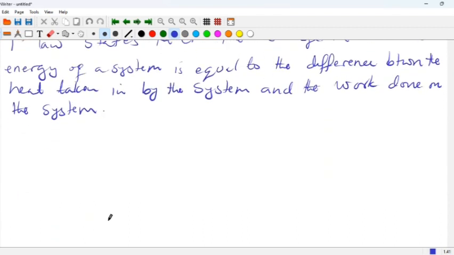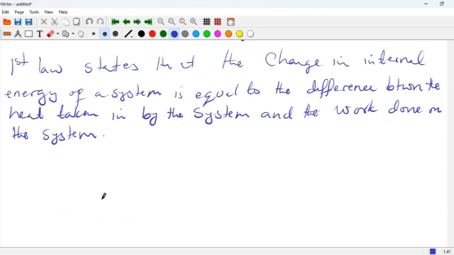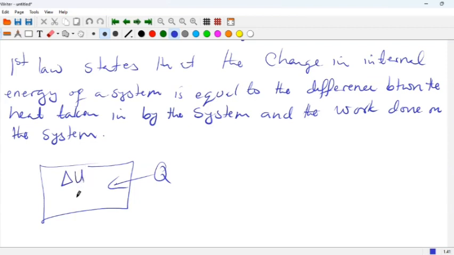So if you want to understand this by some diagram, you have a system. Let this system take in some heat. When heat is taken in by the system, the internal energy of the system is going to change and work is performed on the system. So there's work performed on the system.